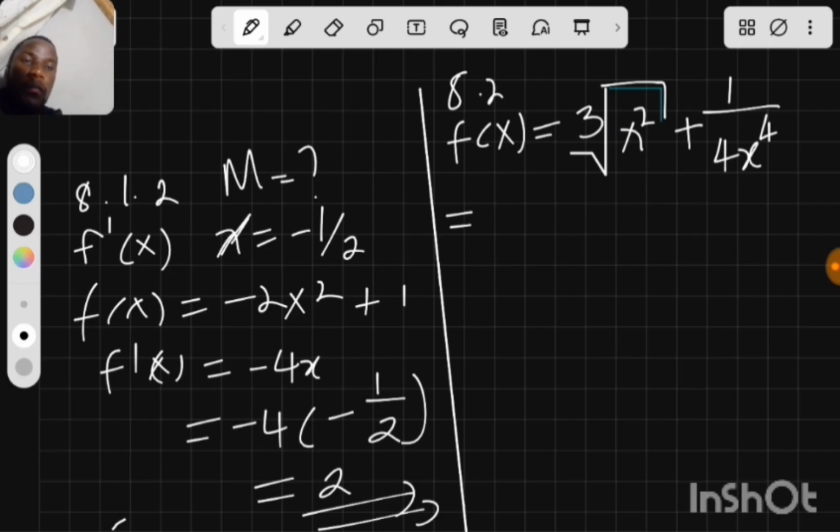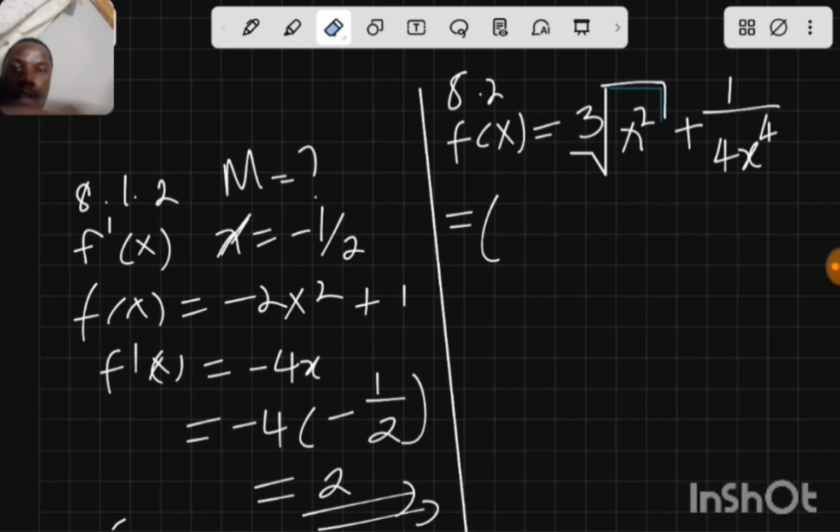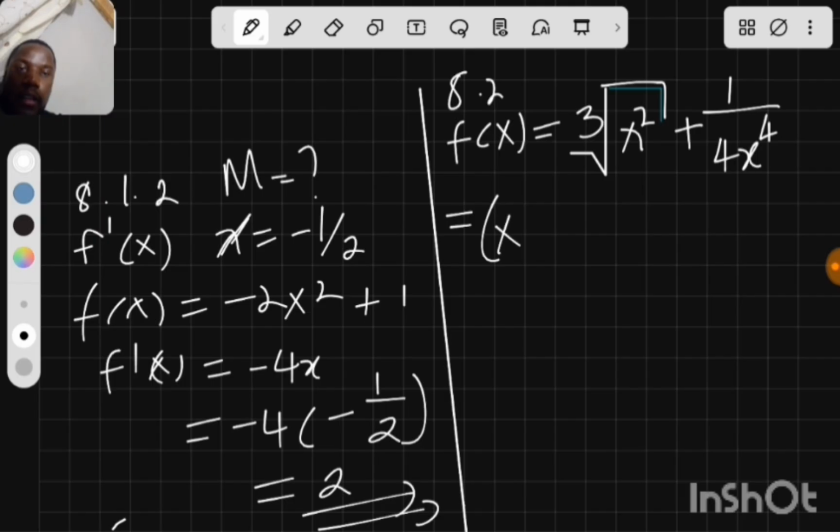We all know that from Grade 9 we learned things called surds, where the cube root of x squared is the same as x squared to the power 1 over 3. Make sure that everything that you differentiate is in the numerator.